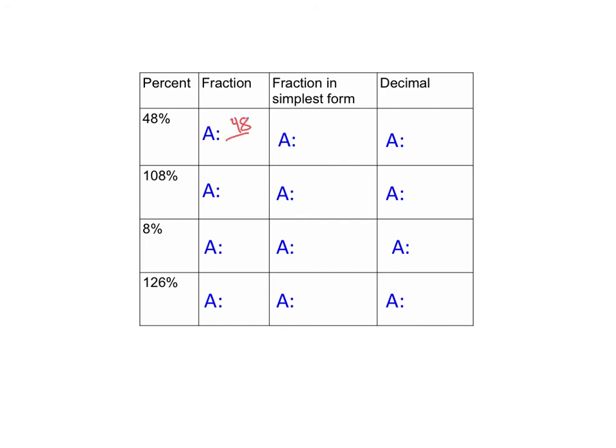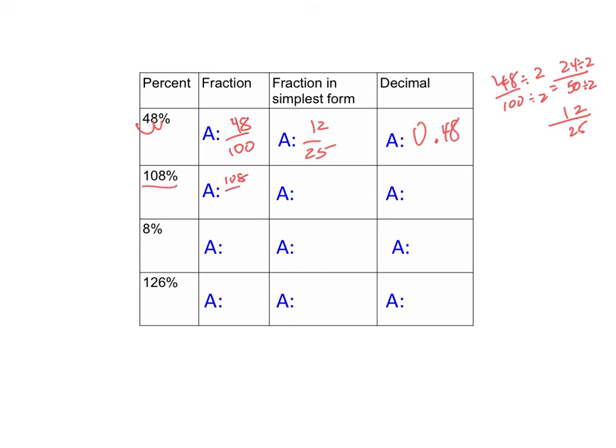Okay, so hopefully you have 48 over 100 for this one, which means as a decimal is 0.48 because I move it over 2 places to the left. And now as a fraction in simplest form, 12/25. Okay, fraction 108.